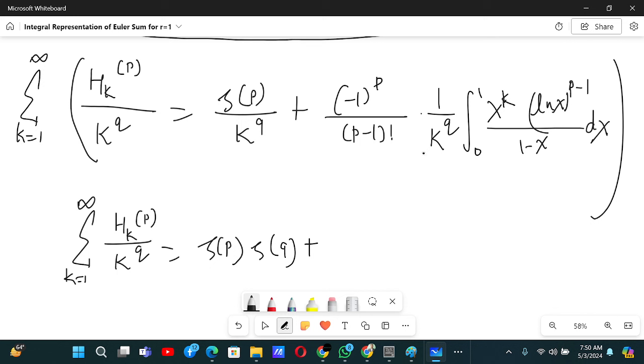And then plus over here, since this is a constant, we can take this inside the sum. And over here we have x to the power k by k to the power q, and these are the only terms involving k. Yeah, and we know that x to the power k by k to the power q when summed from k equals 1 to infinity is just Li_q of x, the polylogarithm function of base q of x.